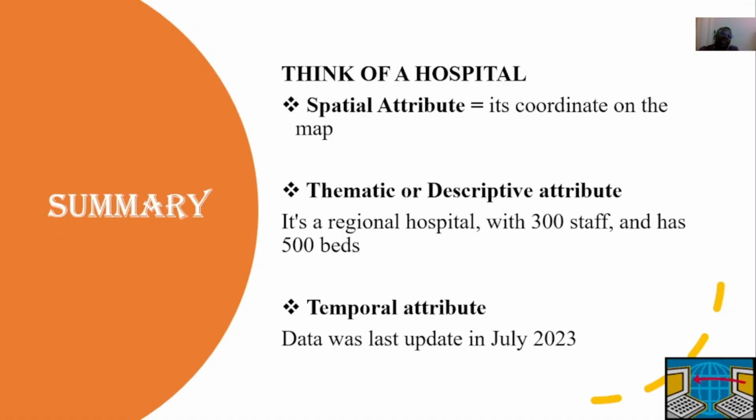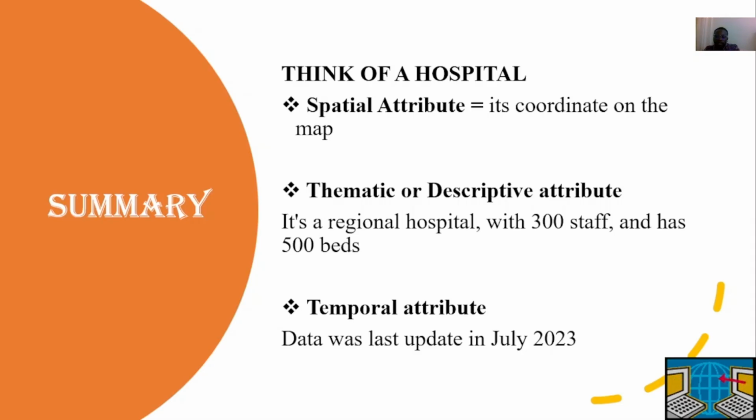An example of a geographic entity is a hospital. The spatial attribute becomes its coordinates on the map. Coordinates here are just a spatial reference that helps us to locate or represent a spatial attribute in the GIS world. So they are just reference numbers.